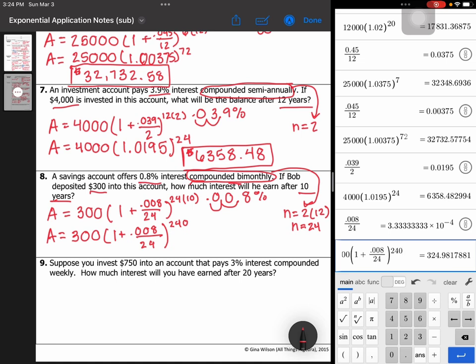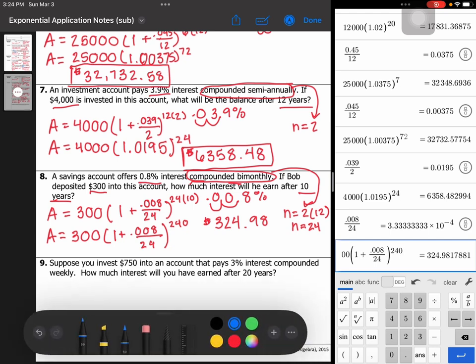That means that over time, the total amount will be $324.98, but if we look back at the question, it's just asking for how much interest he will earn after 10 years.